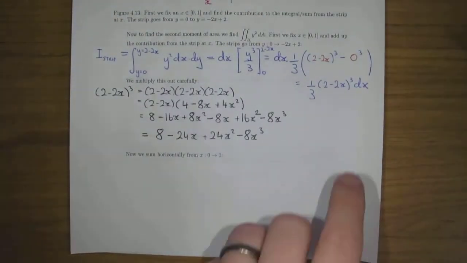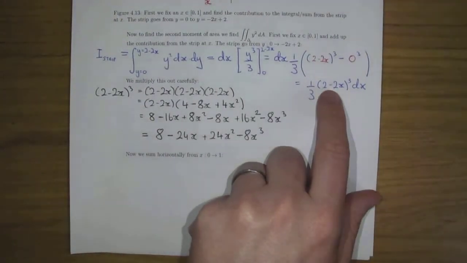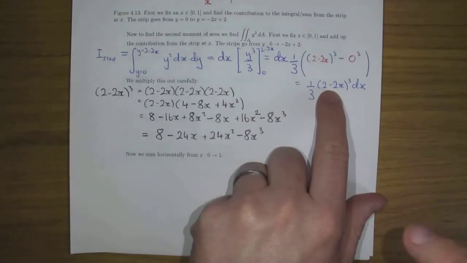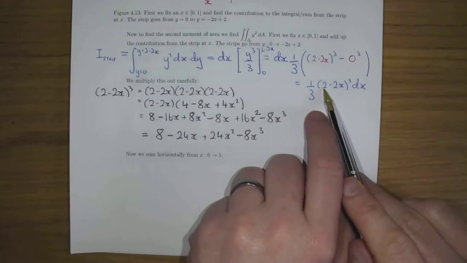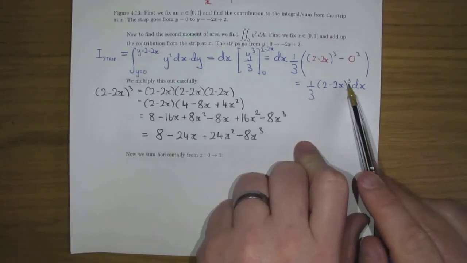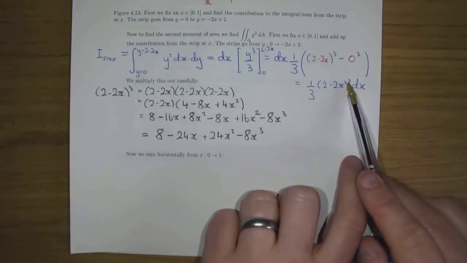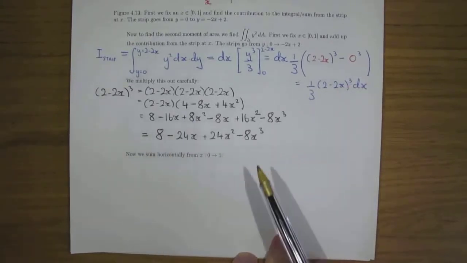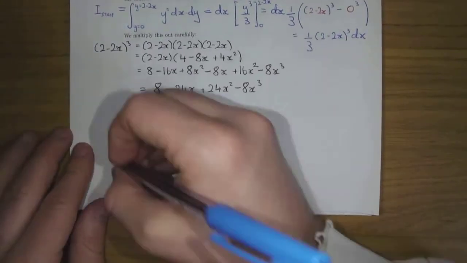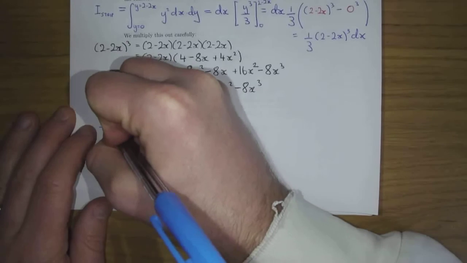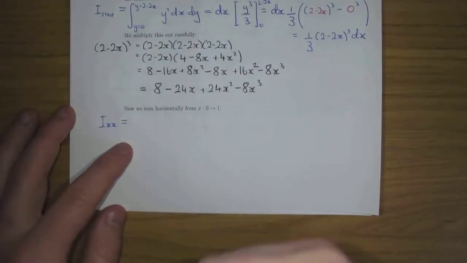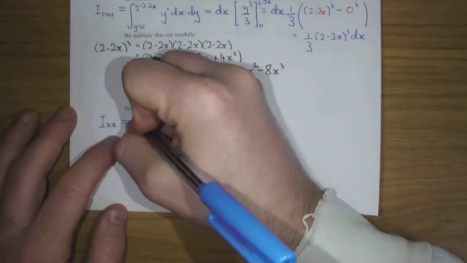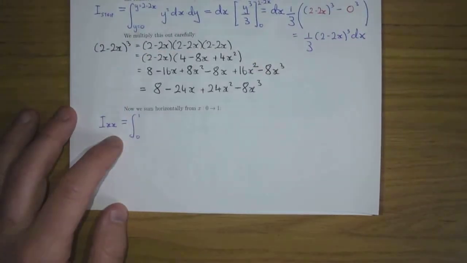What am I doing? Well, if I need to anti-differentiate this, I can only do it directly if it's a sum. This isn't a sum. You can't just start anti-differentiating the 2 and the minus 2x because it's cubed. It's just not, it's wrong. So I recommend that you multiply it out. Okay, so the second moment of area of the whole triangle is found by adding up the second moment of area of the strips, all of them from 0 to 1.